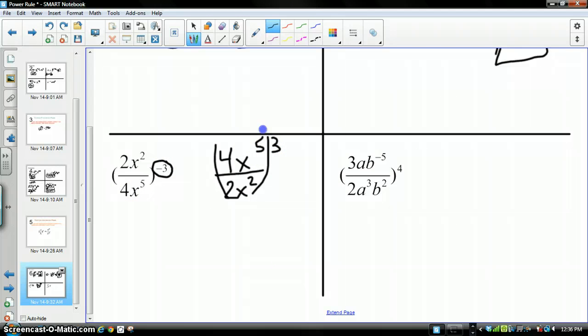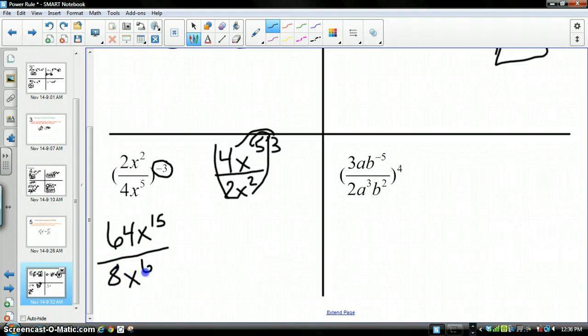So now we got to distribute this through. So 4 to the 3rd, which is 64. X to the 5 times 3, which is 15. All over 2 to the 3rd, which is 8. And x to the 2 times 3, which is 6.